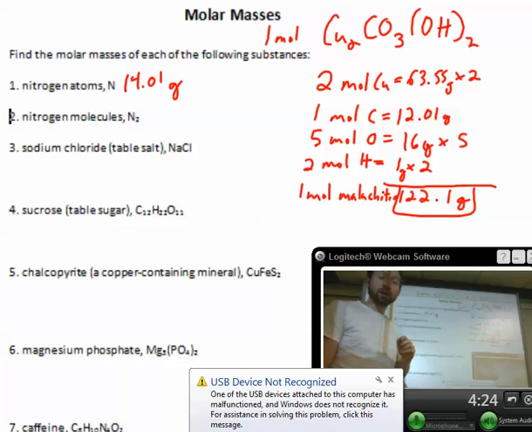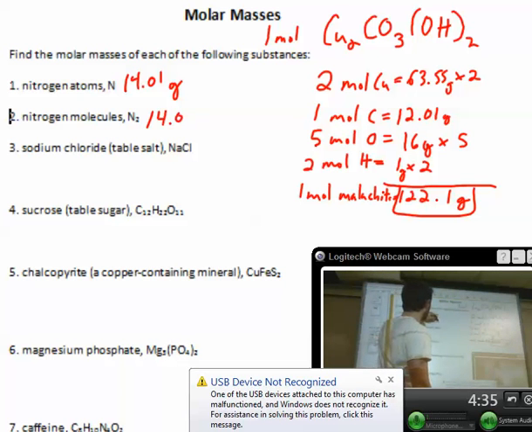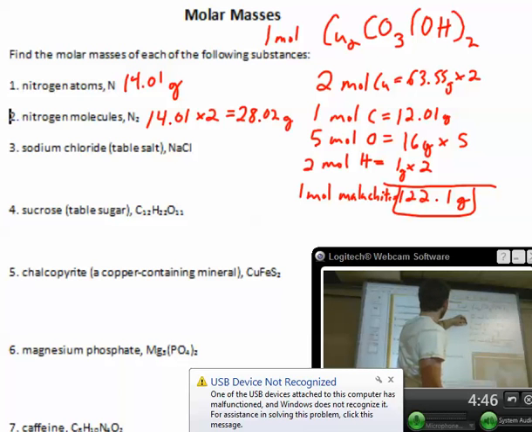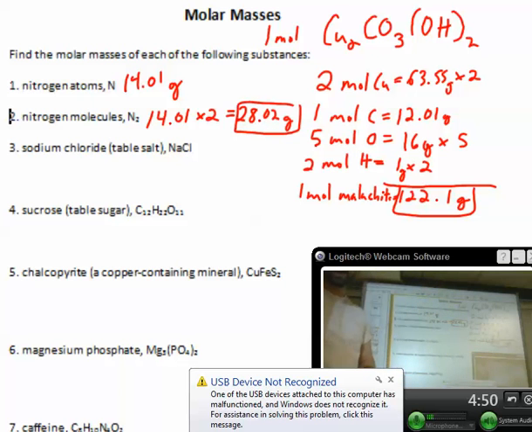A nitrogen molecule has 2 atoms, or 2 moles, so therefore we have 14.01 times 2. The molar mass would be that times 2, so that's the answer there.